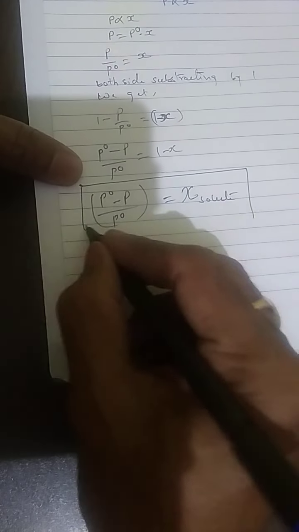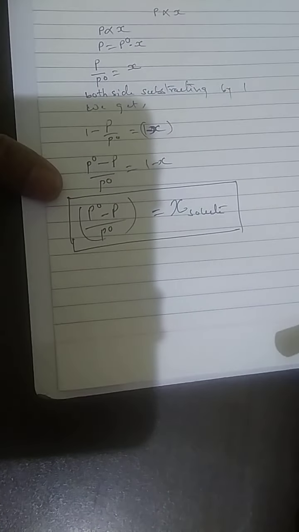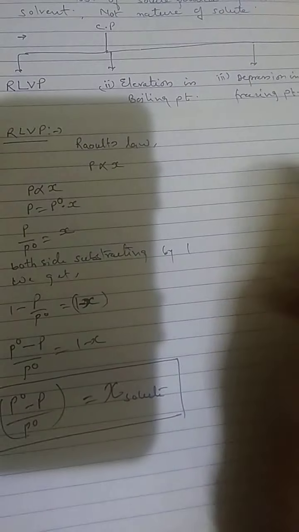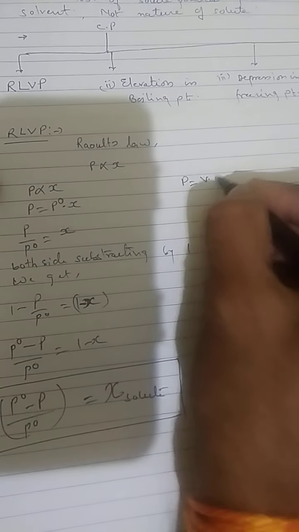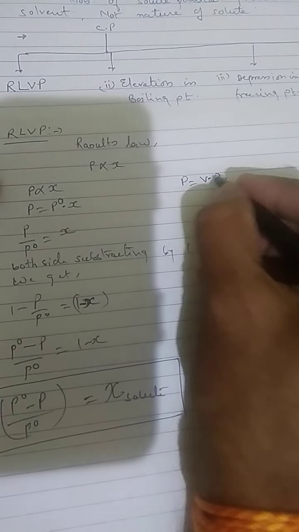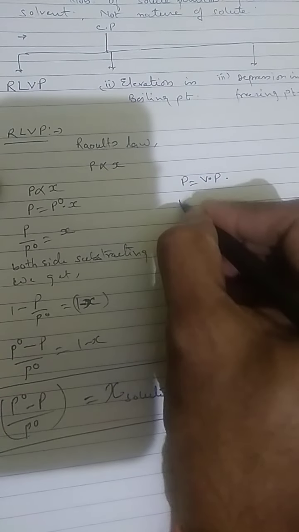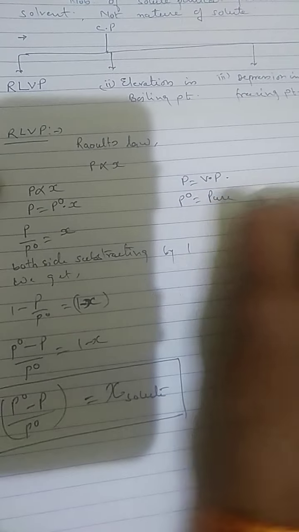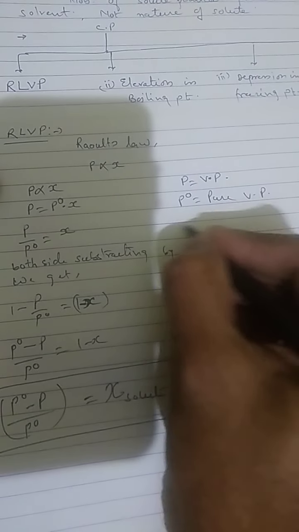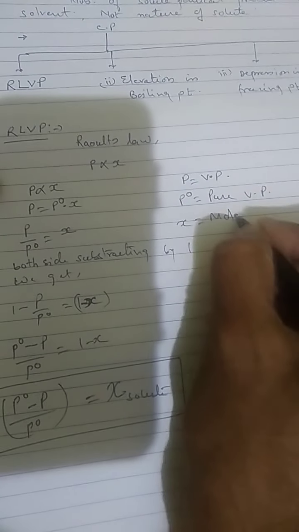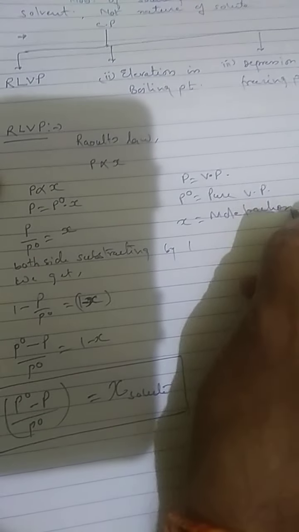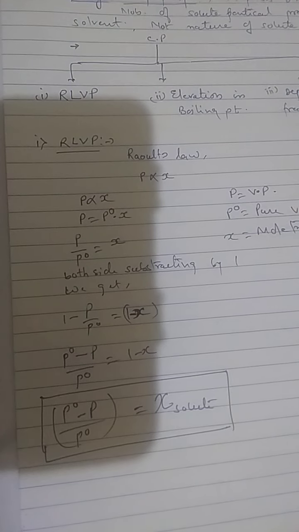So this is the relative lowering of vapor pressure. Now the terms which are there: P is the vapor pressure, P naught is the pure vapor pressure, and X is the mole fraction. So this is the relative lowering of vapor pressure, right?